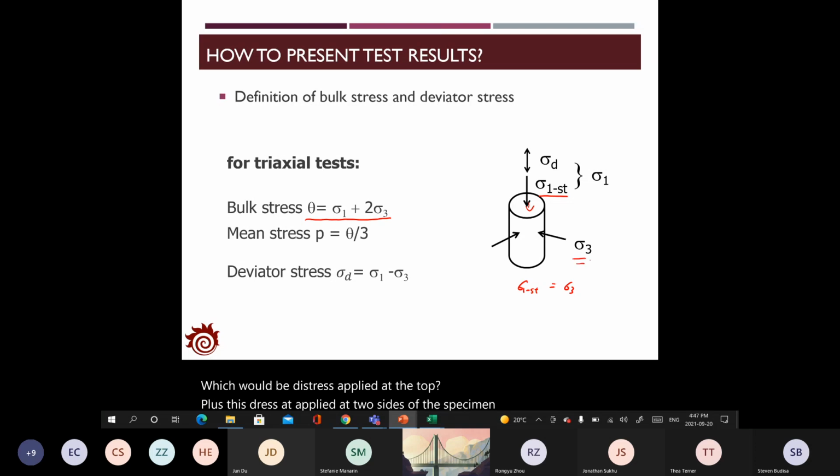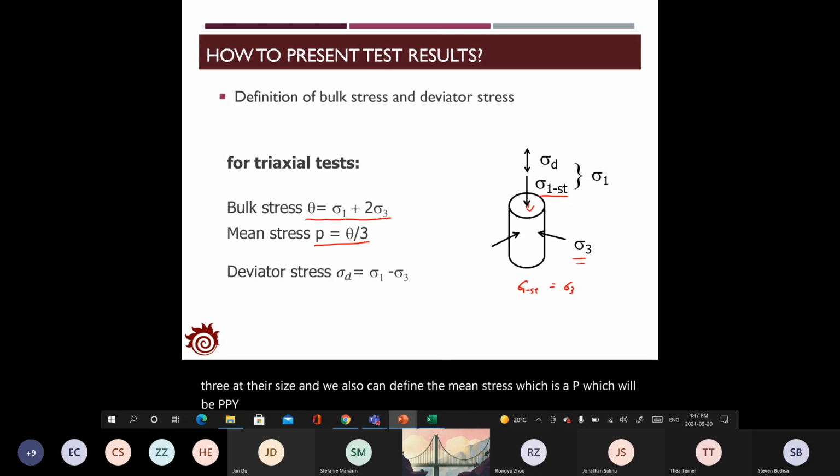That would be sigma 3 at the sides. And we also can define the mean stress, P, which will equal 1/3 of the bulk stress. And the definition of the deviator stress is related to the maximum stress.